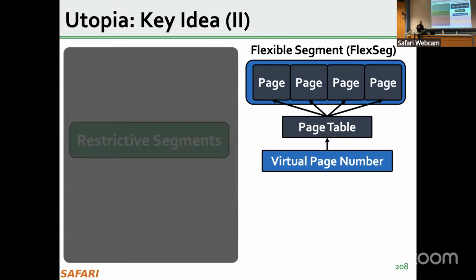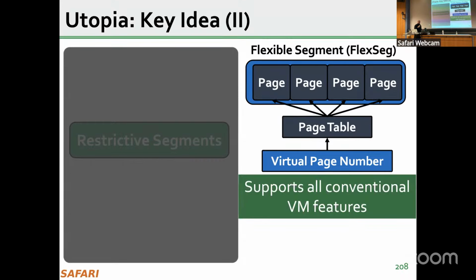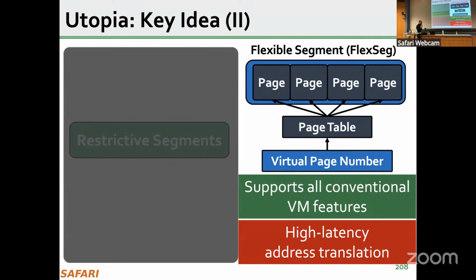So the hash function basically acts as a very restrictive dictionary. The hash function says you can only put it in some specific locations, while the page table is a very flexible dictionary that says put it wherever you want. This way we can support all conventional virtual memory features, while experiencing much higher address translation latency because we need to access the page table.